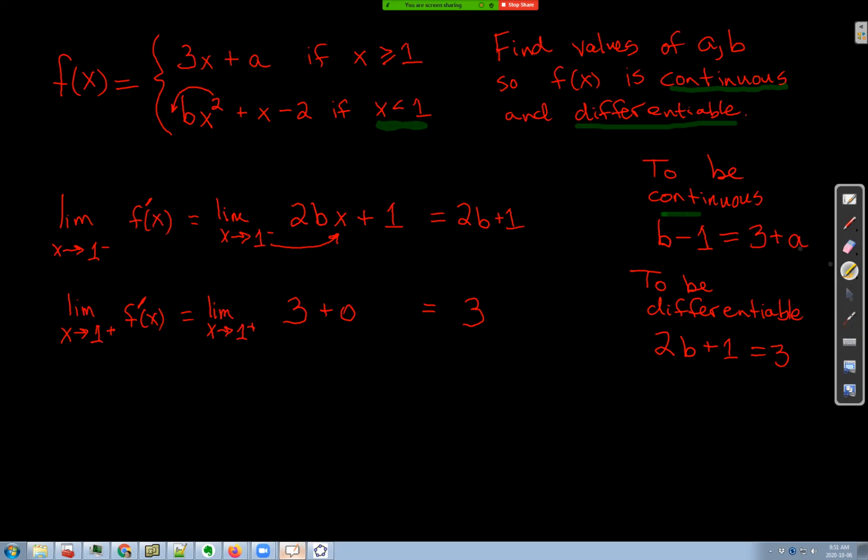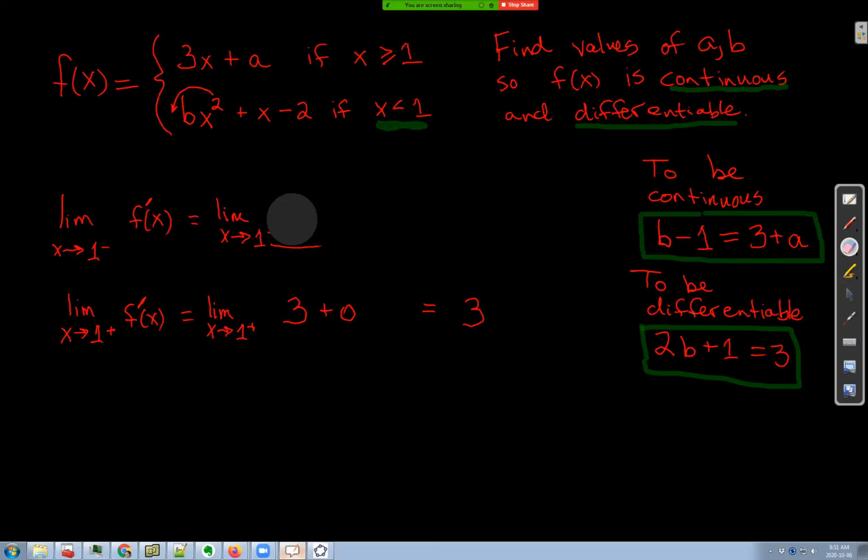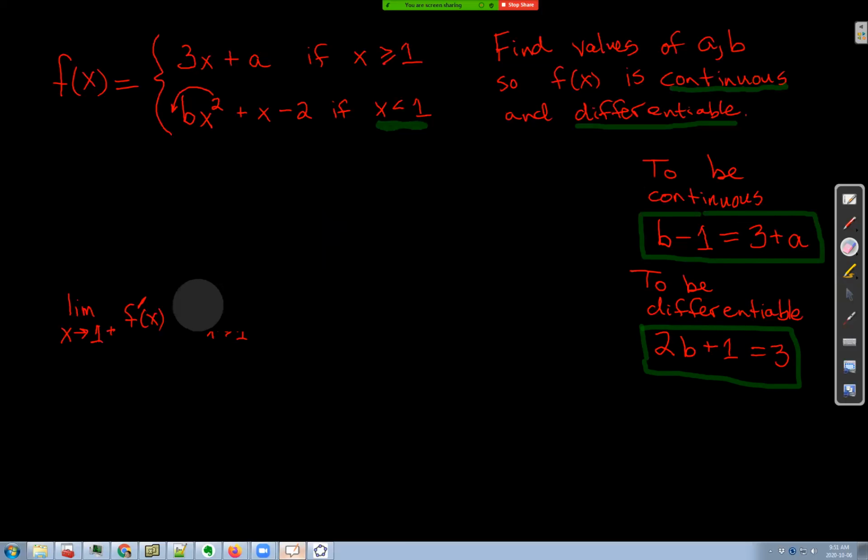I'll highlight these. So what I have there is two equations with two unknowns. So I think I can solve that system. And in fact, let's focus on this one first, because this is the easier one.